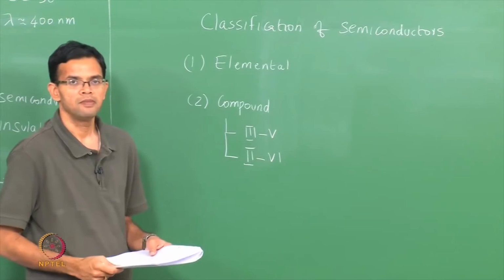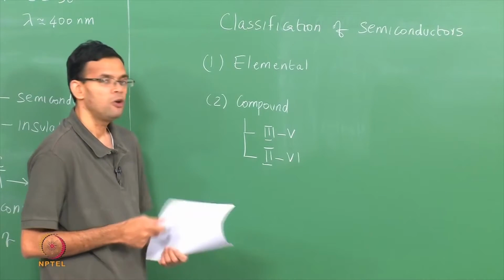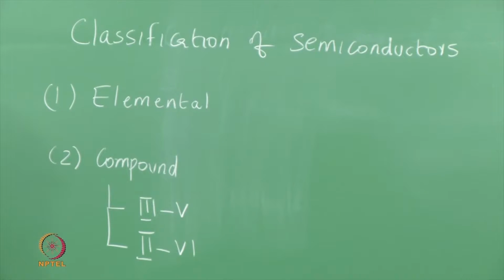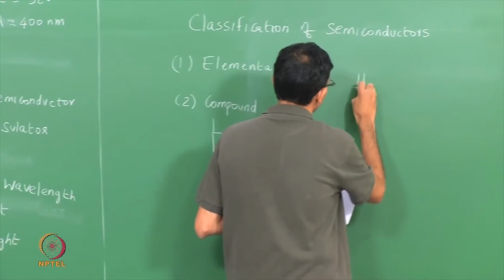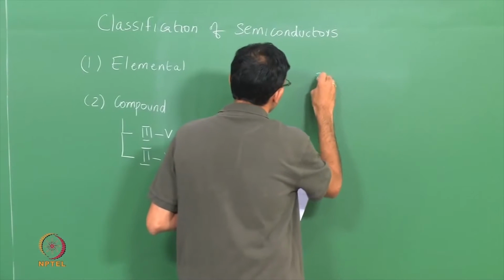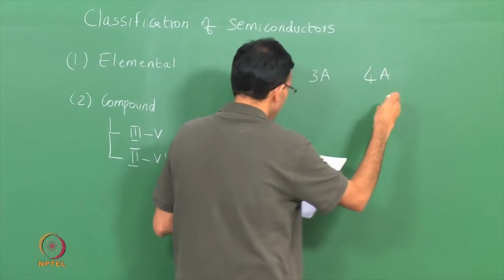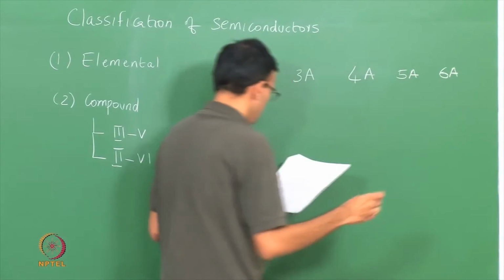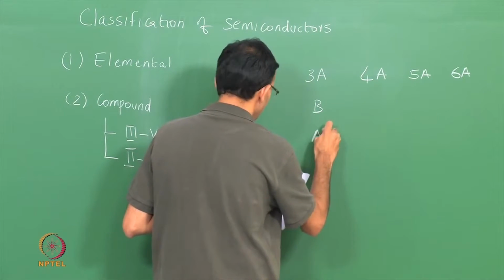To understand them, let us take a look at the periodic table. We will not look at the entire periodic table, but focus ourselves in the area where we have the groups 4, 3 and 5. If we do that, so group 2, you have 3A, 4A, so let me just write down the elements.